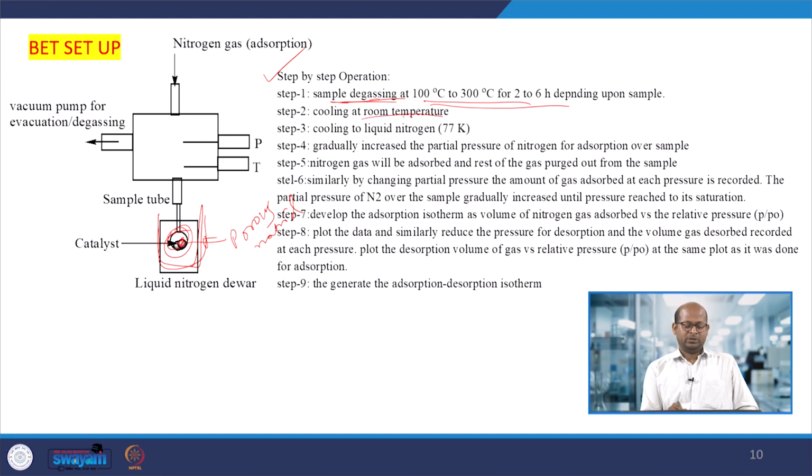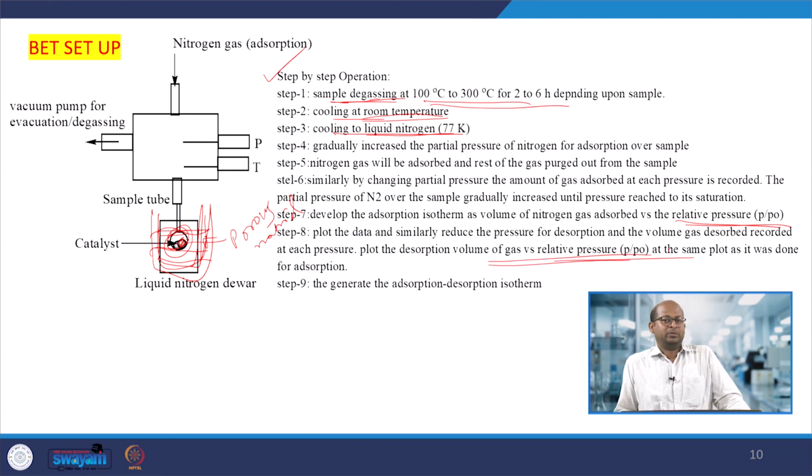After that we cool the sample down to room temperature, and then we have to reach liquid nitrogen temperature, 77 Kelvin, by using a liquid nitrogen bath. At that temperature the sample is kept, and then we pass the nitrogen, and the gas is adsorbed over the sample surface as we increase the relative pressure.